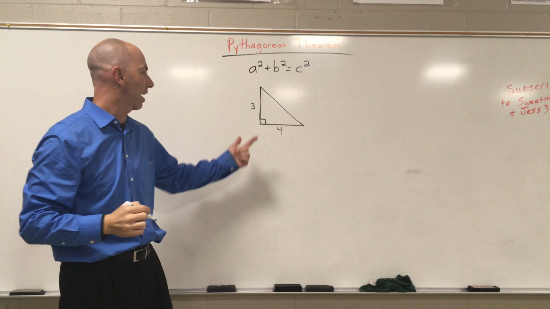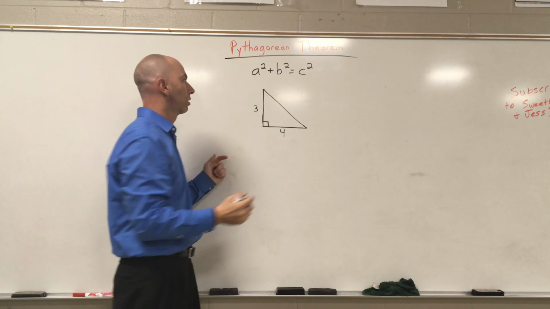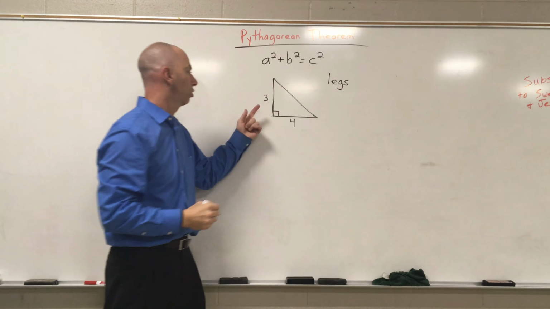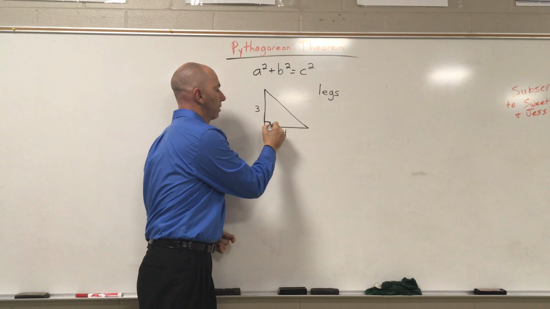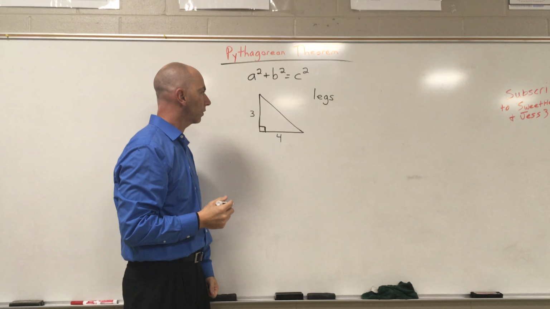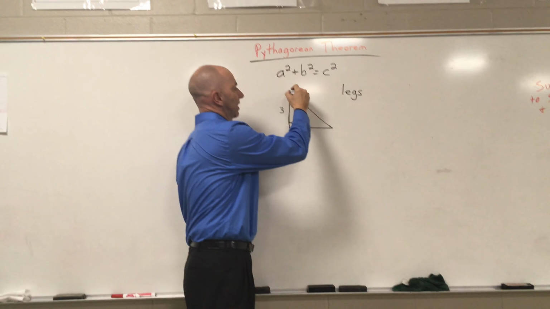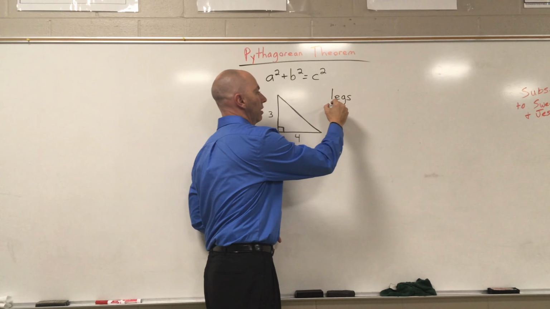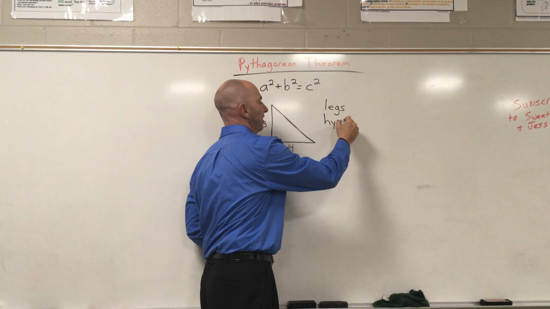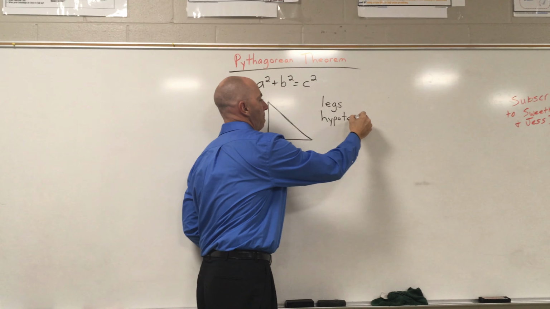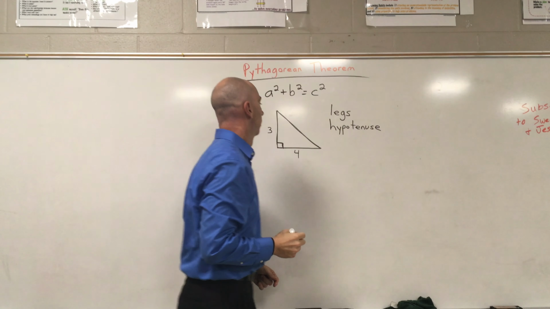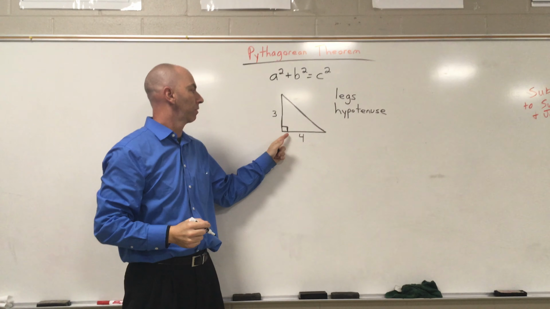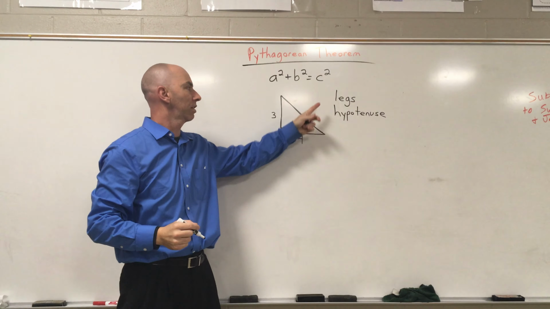The two sides that the right angle symbol touches are called legs. The side that's not touching the right angle symbol is called the hypotenuse.